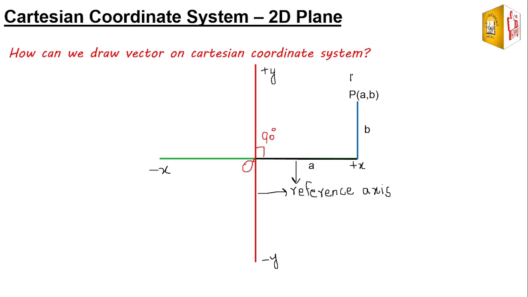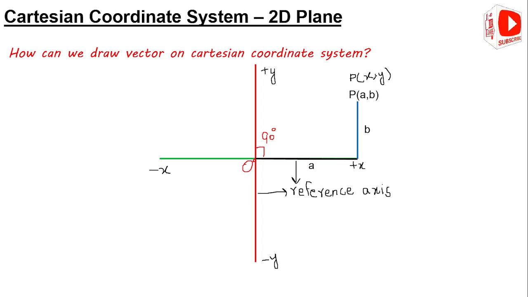It means we can say that P(A, B) is the substitution of point P(X, Y), as A is indicating the distance moved or units moved on the x-axis and B is indicating on the y-axis.